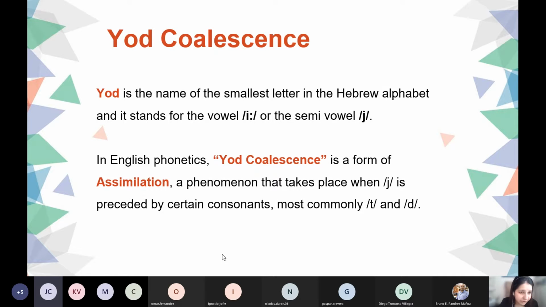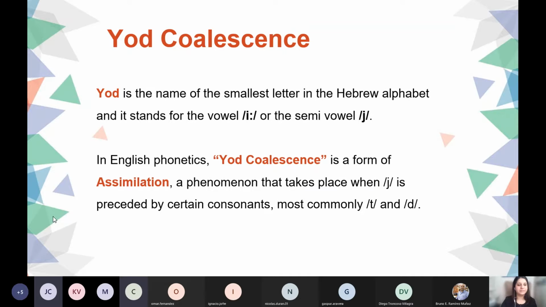Like it says, Yod is the name of the smallest letter in the Hebrew alphabet, and it stands for the vowel E, or the semi-vowel J. Camila Gonzalez, can you help me with the second paragraph, please?